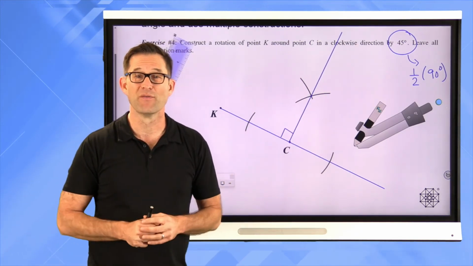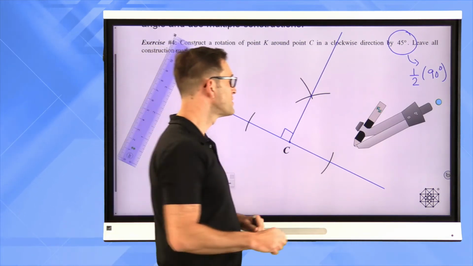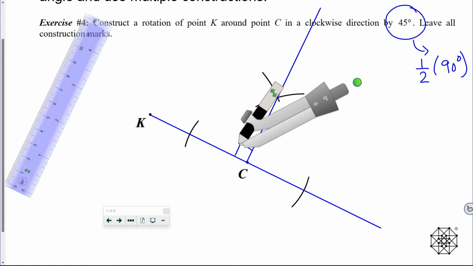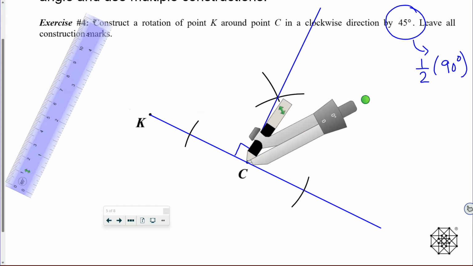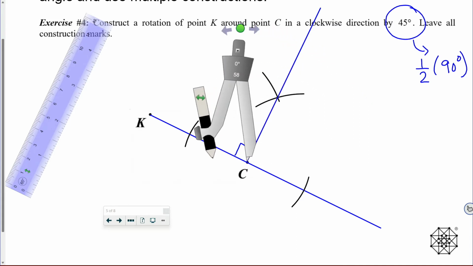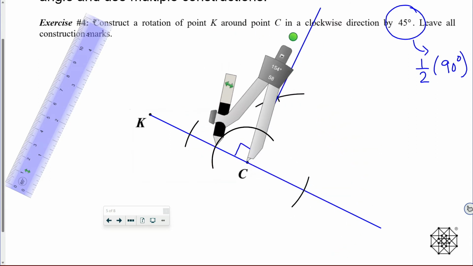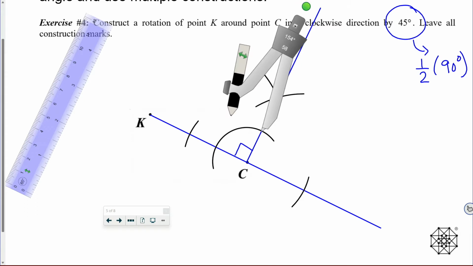So now let's review how you do an angle bisector construction. All right, step one with an angle bisector construction, I am going to put the pointed end of the compass at the vertex of the angle that I'm trying to bisect, and then I am going to draw an arc that passes through the two rays of my angle, in this case the two rays of that 90-degree angle.